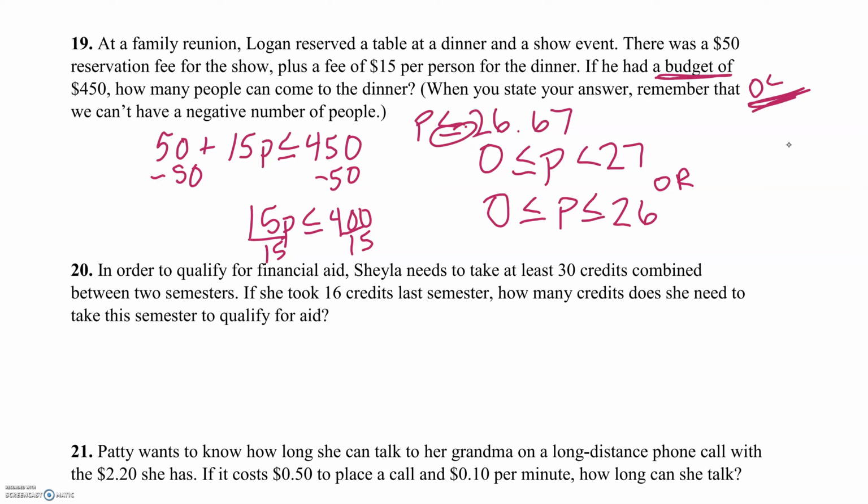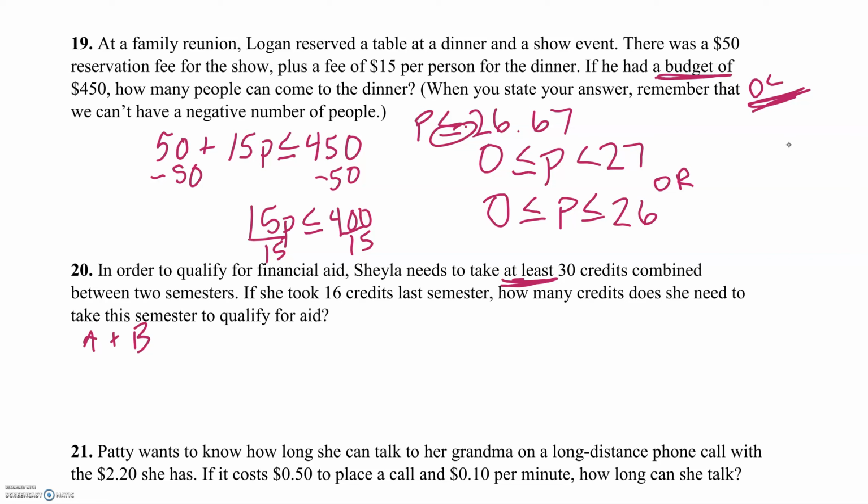All right, number 20 says, in order to qualify for financial aid, Shayla needs to take at least, so there's another inequality pair word, 30 credits combined between 2 semesters. So let's say semester A and semester B combined, so I'm going to add them together.